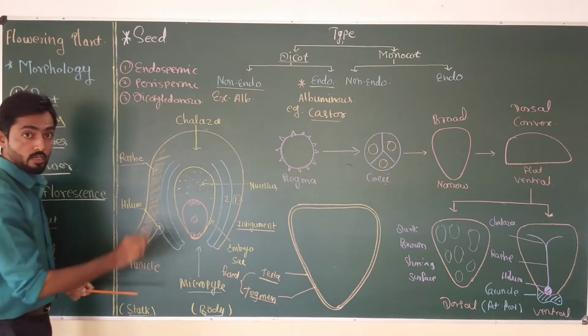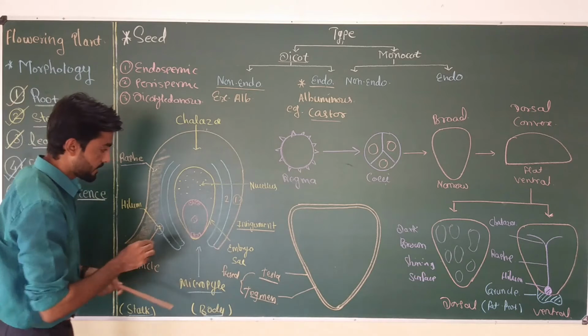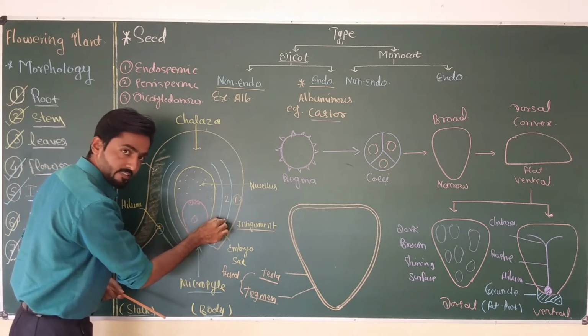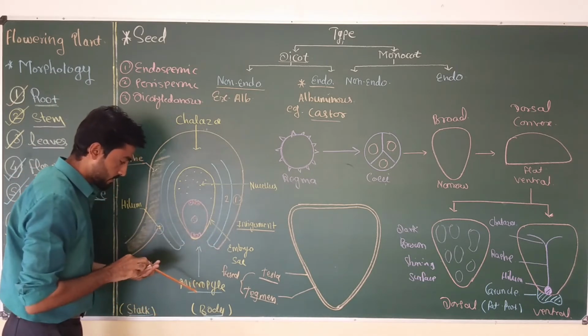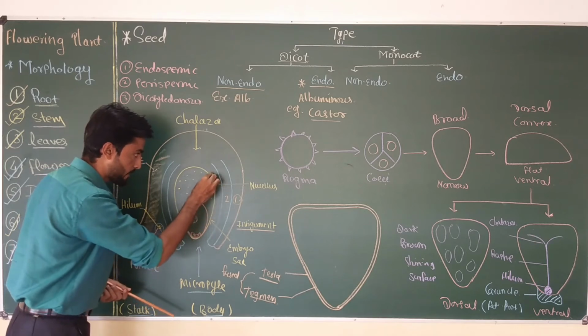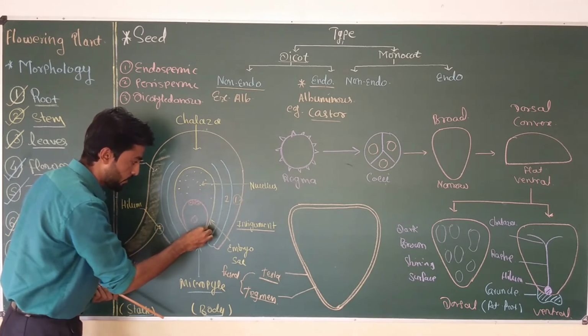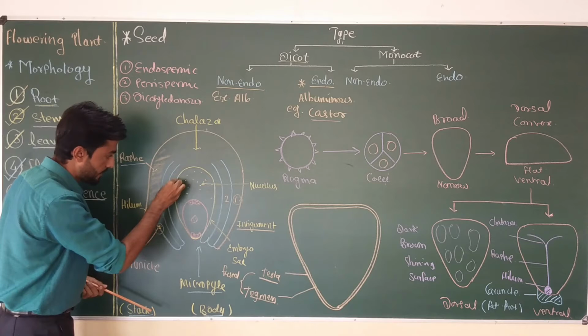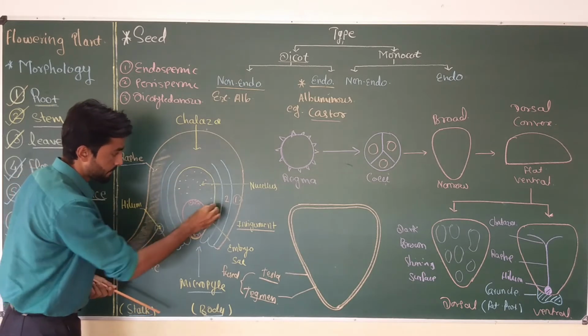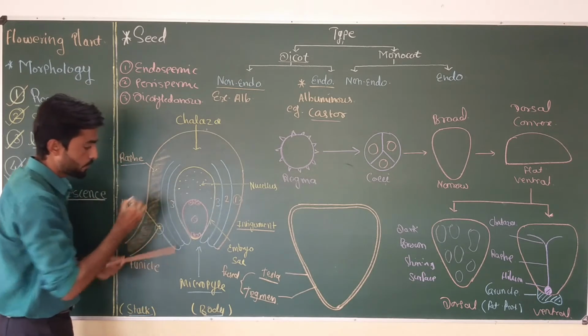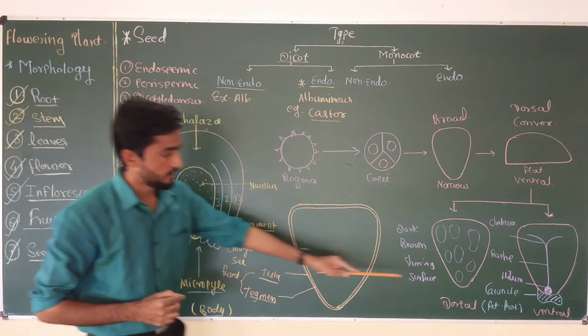Okay, now the interesting thing is that inside the second integument, a third layer of integument is also present in the castor ovule, and this third layer is believed to produce the caruncle.